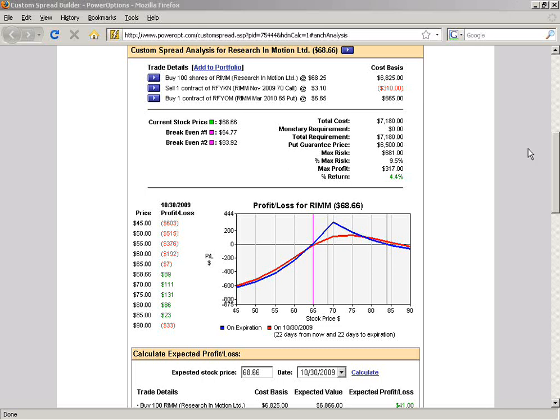So always, again, I'm just going to reiterate this, and these are terms that I learned from Kurt Frankenberg over at Radioactive Trading: proper management, proper position sizing, and focus on risk management. Never risk more in a position than you can afford to lose, no matter how confident you are that the stock's going to move up or how confident you are in your assumption that the stock's going to be trading right around a certain stock price on a specific date.